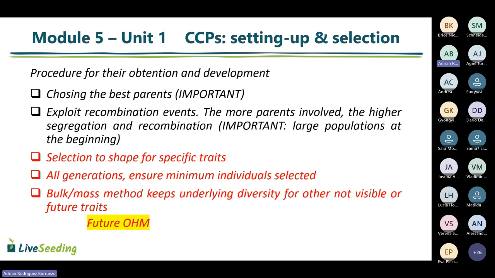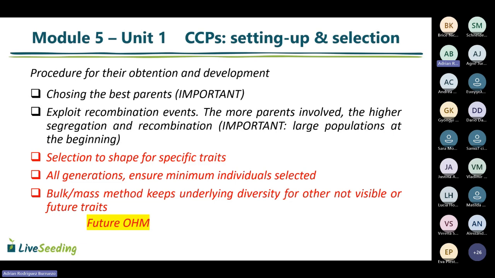On the contrary, if you start with limited starting populations, maybe you are missing a lot of useful recombination events, recombinant individuals. So remember, it is very important to choose the best parents according to their breeding objectives. Then plan the crossings properly. And also, at the first generations, work with populations as large as possible. So these are the most important things.